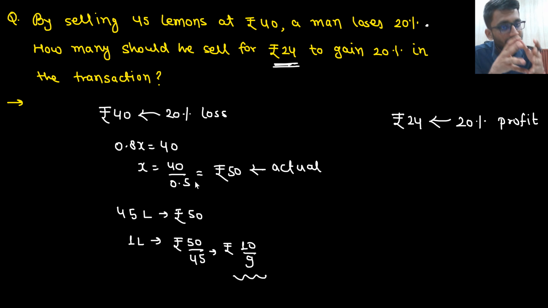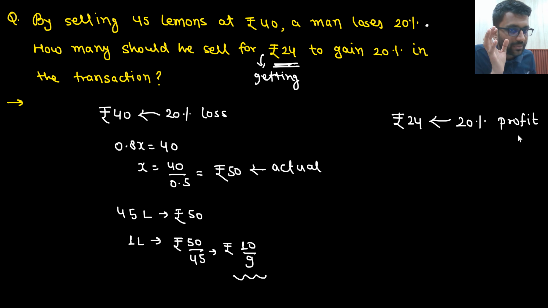That means he is getting 24 rupees. To make it clearer, he needs 24 rupees with 20% profit.